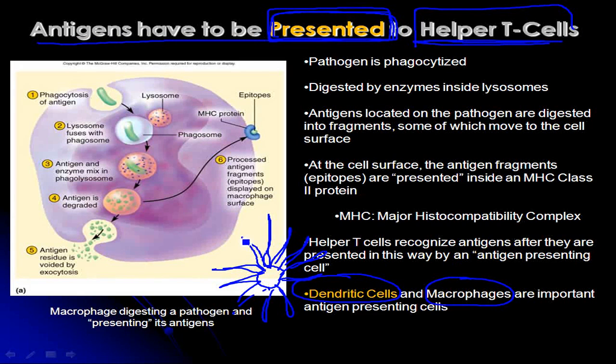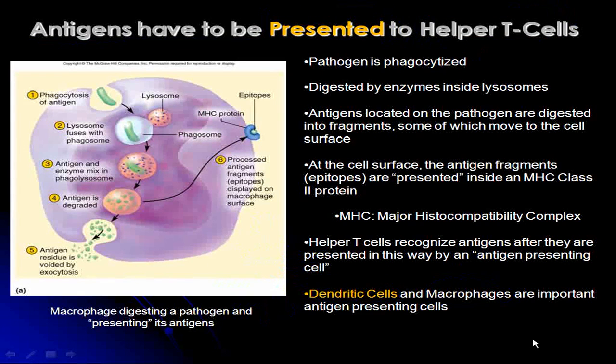The reason they have all those little appendages is because those little appendages, or dendrites, are very good at capturing antigens that are flowing by. And then it brings those antigens inside the cell, and will wind up displaying those on its surface.